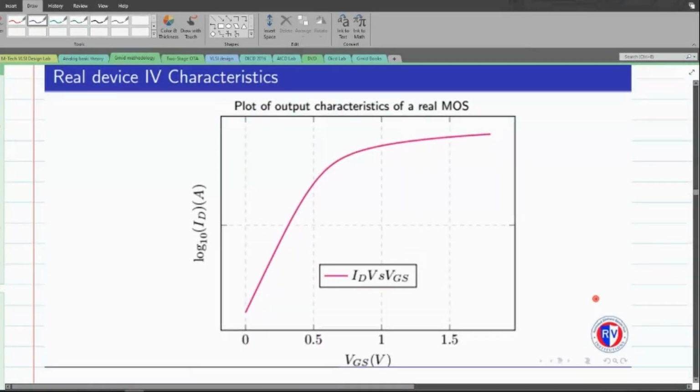The very first thing that I want to emphasize here is that this is a graph plotted on a logarithmic scale of the output current with respect to the value of VGS. Now, clearly you could see that even if the threshold voltage VT is considered to be roughly around 0.5 volt, there still exists a current component when the value of VG is less than the value of VT.